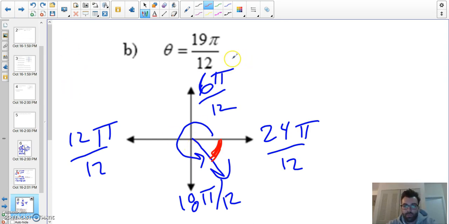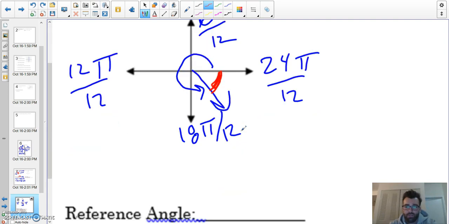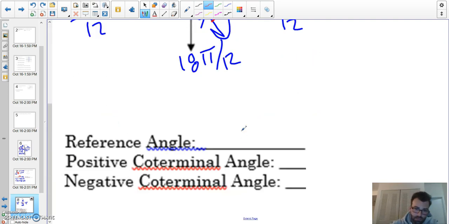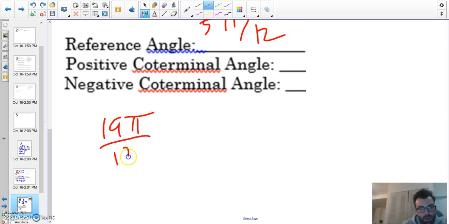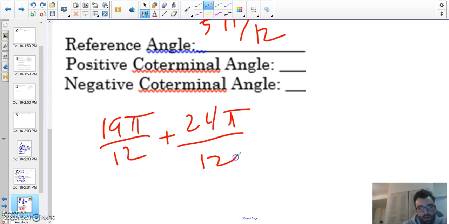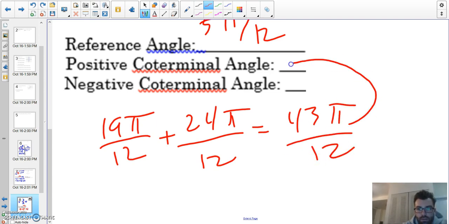Okay, so if I'm going from 19 pi over 12 to 24 pi over 12, or 24 minus 19, I get 5 pi over 12. Positive coterminal angle, I'm going to do 19 pi over 12 plus 24 pi over 12 and get 43 pi over 12 for my positive.